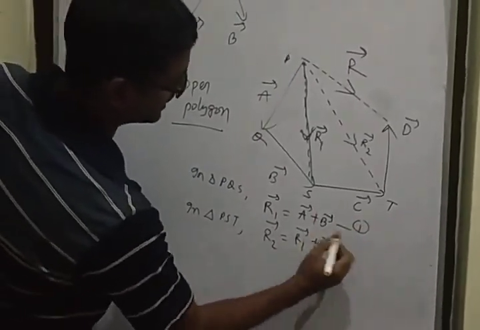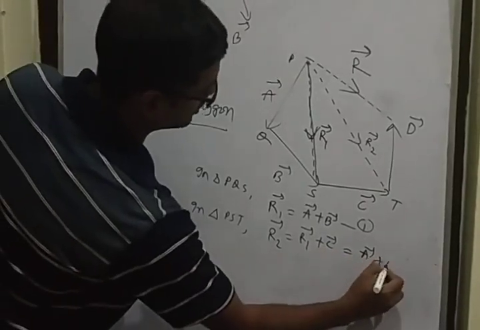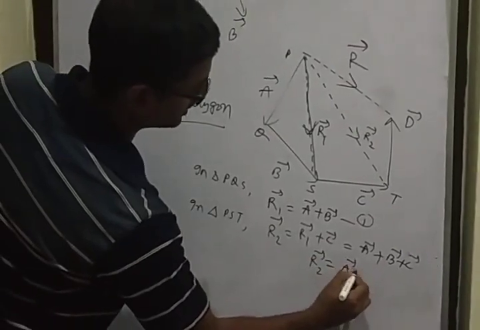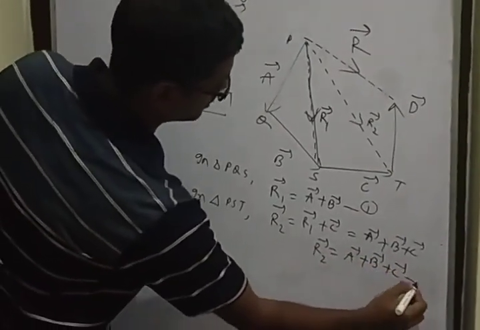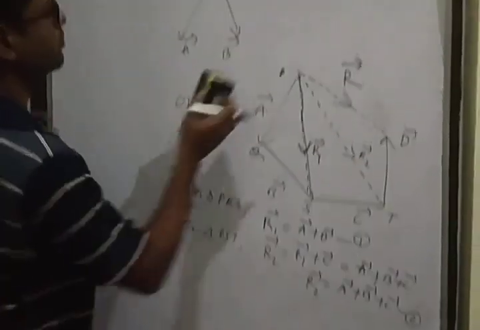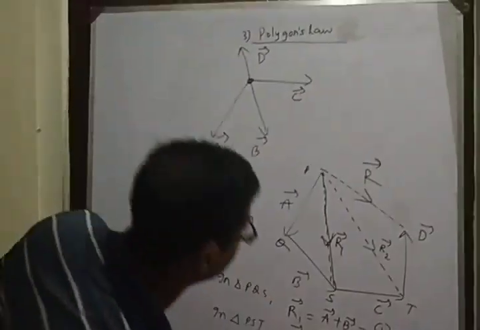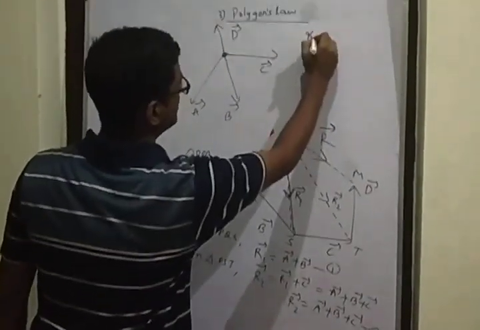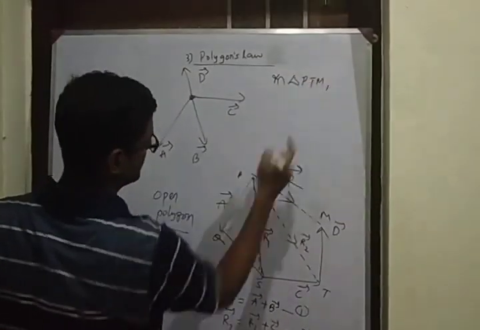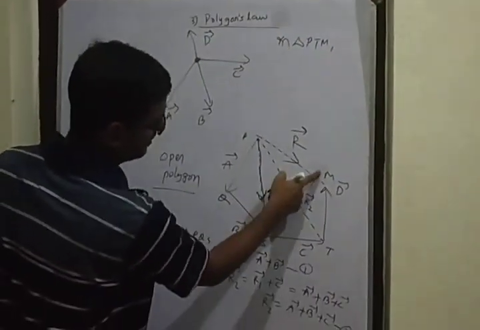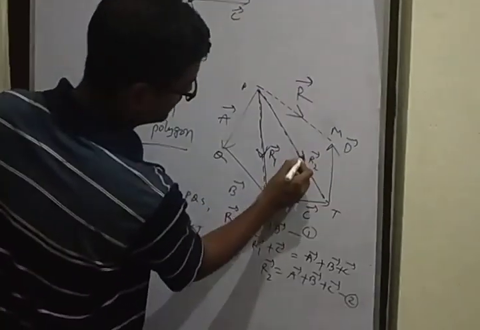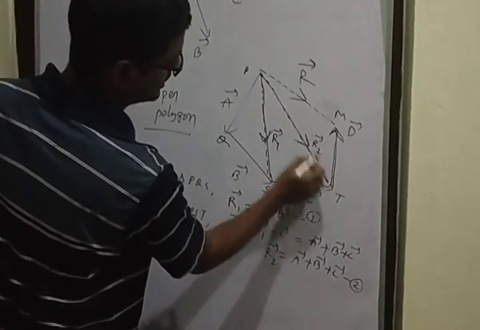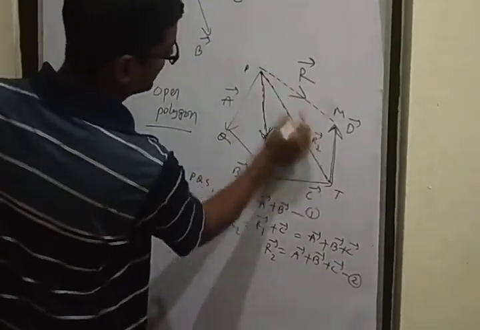Now from equation 1 I can write for R1 vector: A vector plus B vector. So I got R2 vector equal to A plus B plus C vector. This is equation 2. Now look at my next triangle PTM. In triangle PTM, R2 vector and D vector are in the same order because the D vector tail starts from the head of the R2 vector, and R vector is in opposite order.